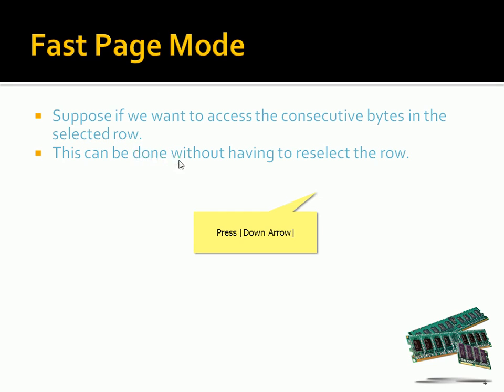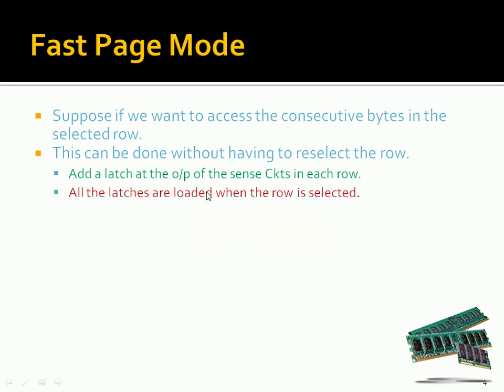To do this, add a latch at the output of the sense circuit in each row. All the latches are loaded when the row is selected.